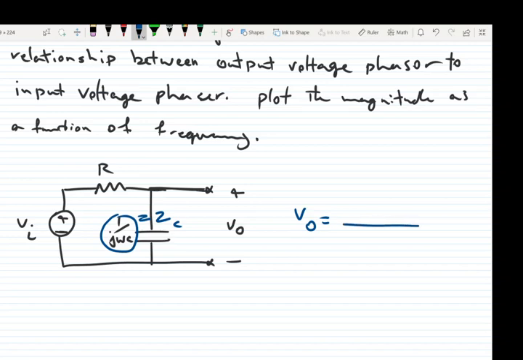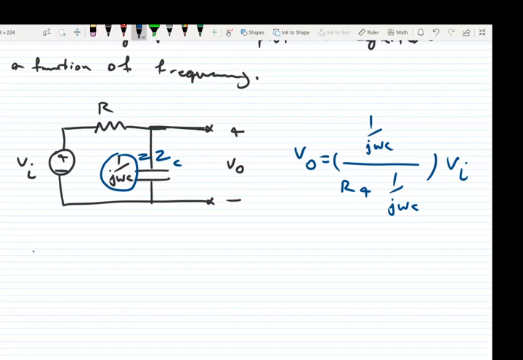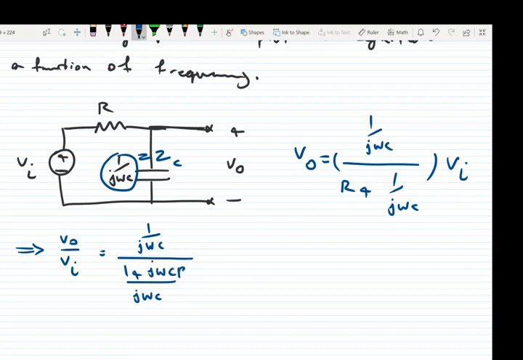So Vo is equal to ZC, which is 1 over j omega C, over the total impedance R plus 1 over j omega C, times Vi. So Vo over Vi is equal to 1 over j omega C in the numerator, with j omega C times (1 plus j omega C R) in the denominator, which is equal to 1 over 1 plus j omega RC.